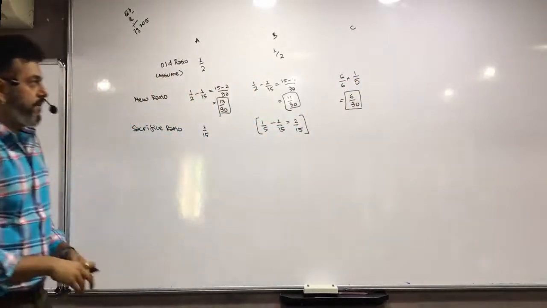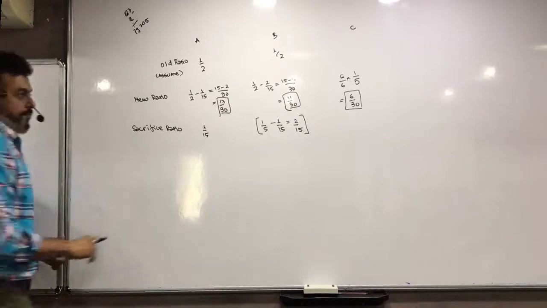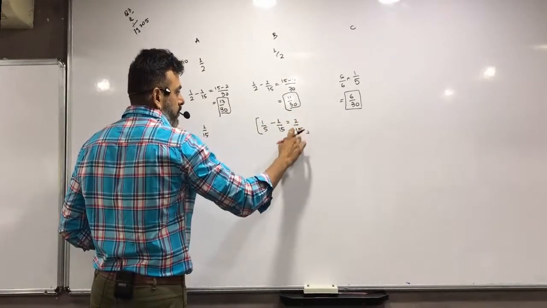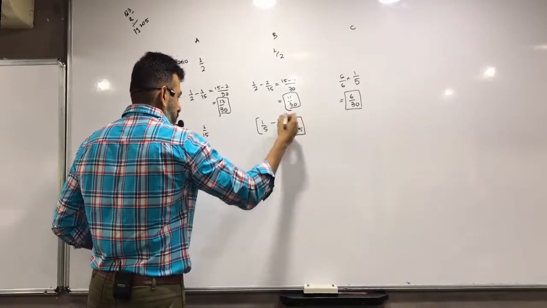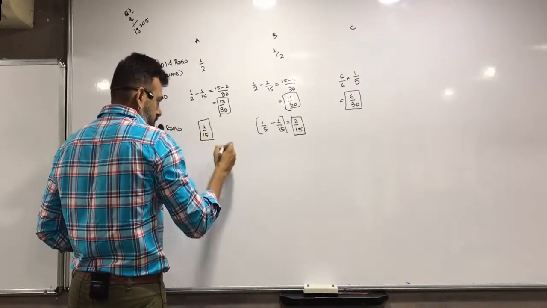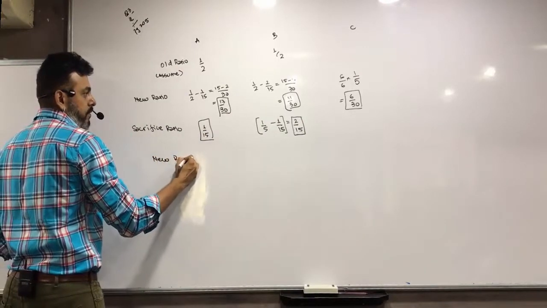New ratio is 13 is to 11 is to 6. And sacrifice is 1 is to 2. New ratio.